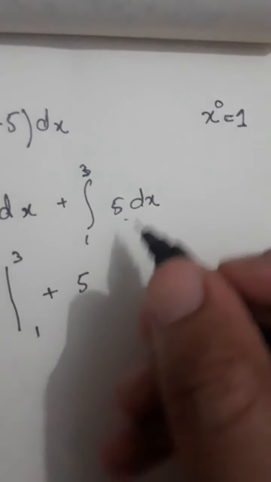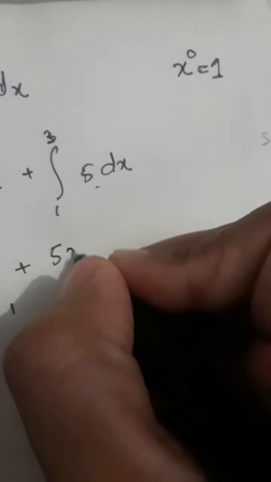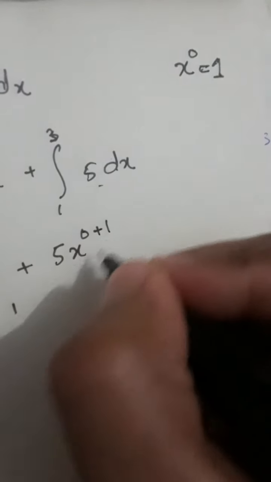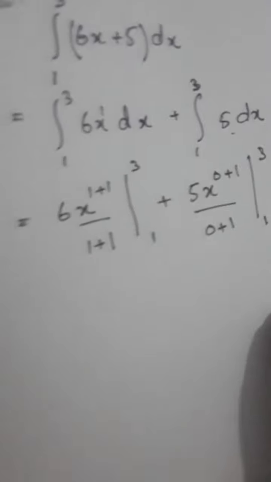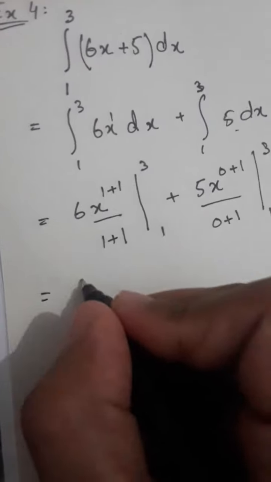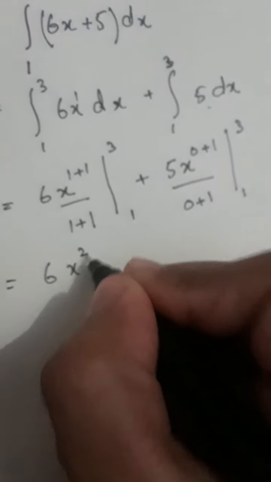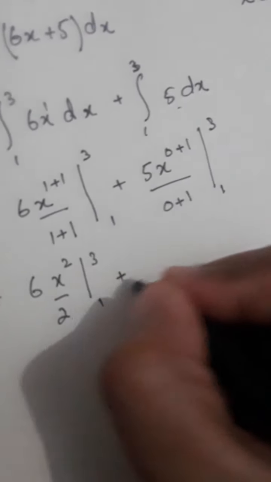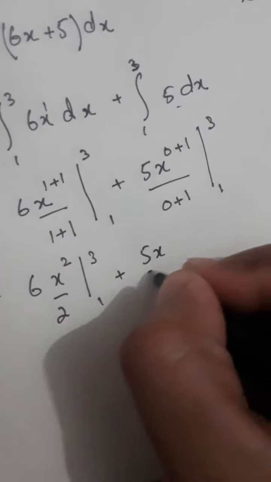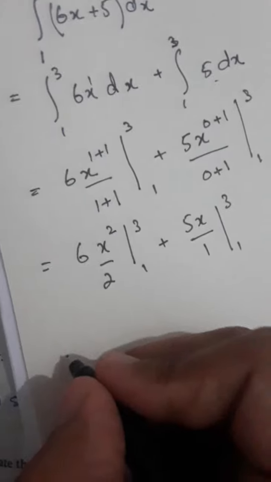So if you multiply 5 by 1, you get 5. So 5 and x raised to the power 0 plus 1 divided by 0 plus 1, and the limits 1 till 3. No need to write c anymore. 6 x power 1 plus 1 is going to give me 2, divided by 2 with limits 1 till 3, plus 5 times x divided by 1, limits 1 till 3.